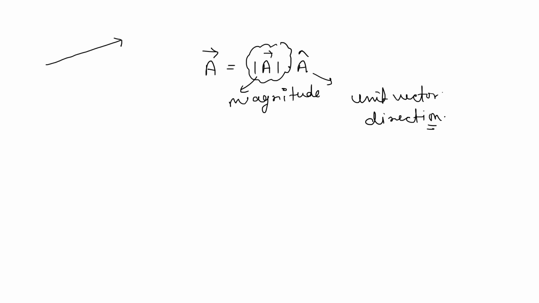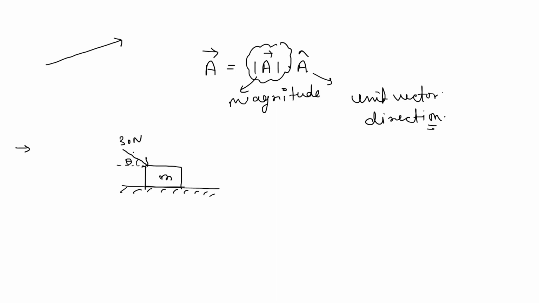By giving a simple example, I will try to define how you can understand a vector in a practical manner. Let's take this block. This is a block of mass m, and we apply a force on the block. You can look at the direction of the force, which makes an angle theta with the horizontal.